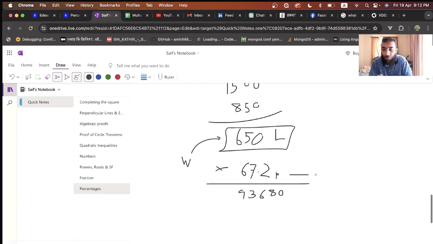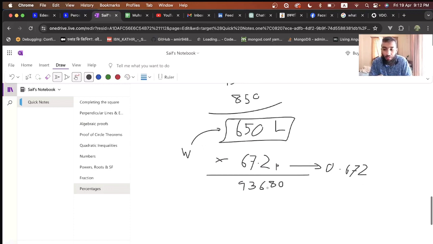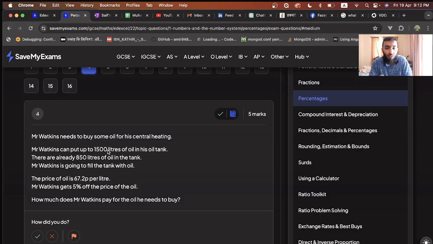So the pound conversion would be 0.672, right? So the cost would be roughly 436.80 pounds. So this is the total cost.